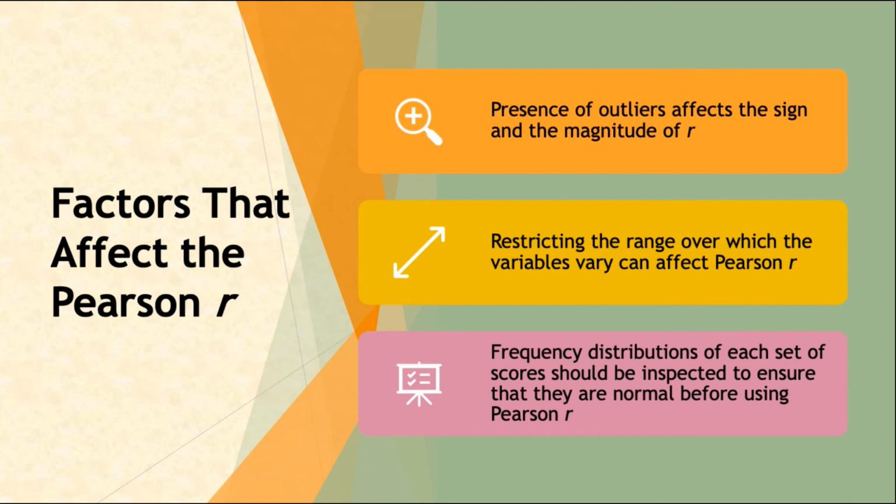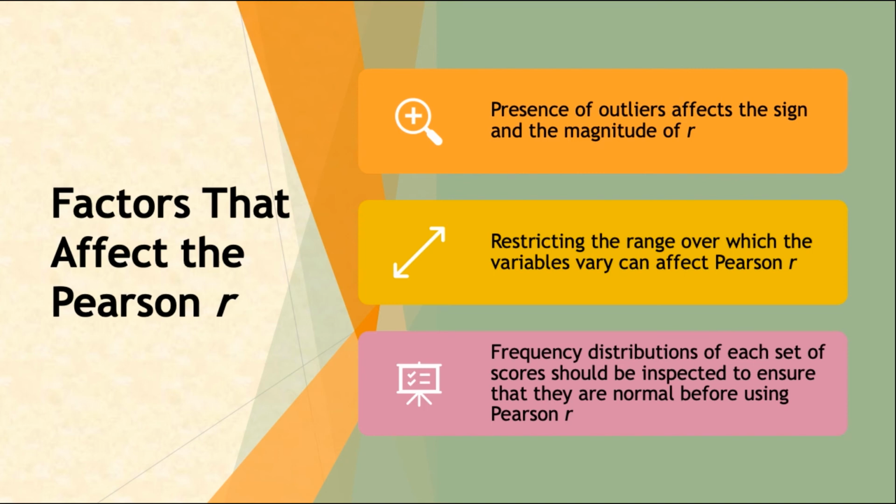The Pearson R is sensitive not only to the range of the scores but also to the shapes of the score distributions. The formula used to calculate the coefficient uses the standard deviation for each set of scores. You use the mean to calculate the standard deviation. If the scores are not normally distributed, the mean does not represent the distribution well.